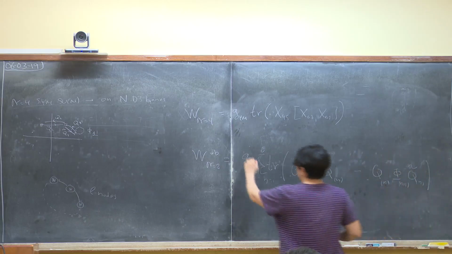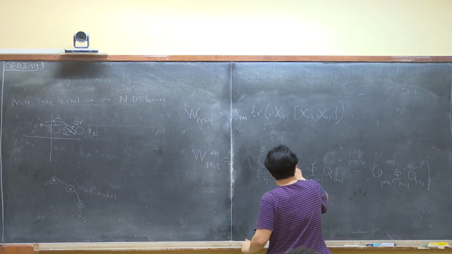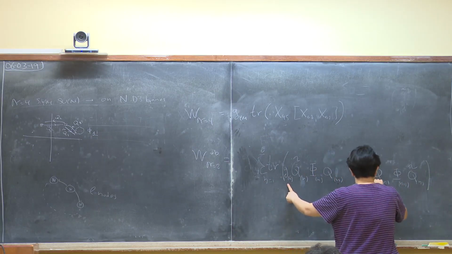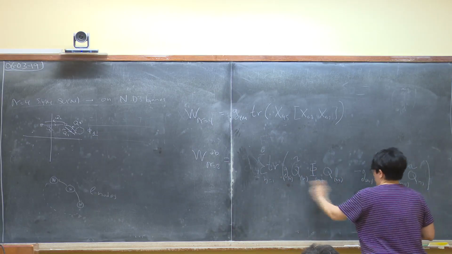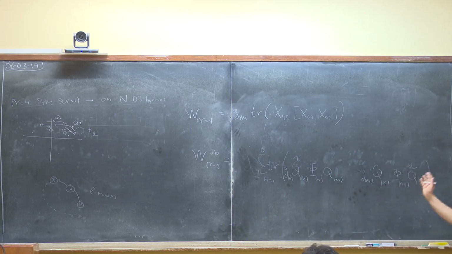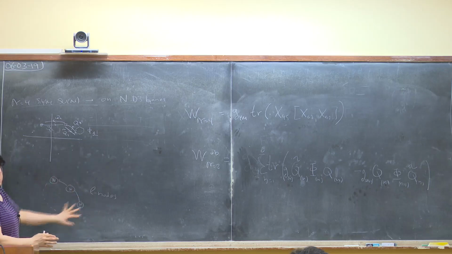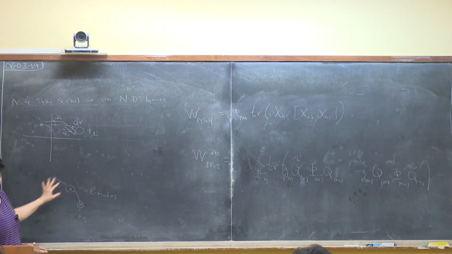So then, if you wish, you can write, after all these marginal deformations, different coupling constants here. And this is this quiver theory in full generality with all coupling constants all different.